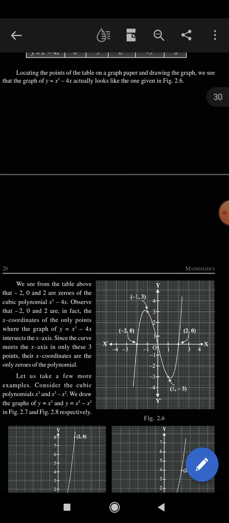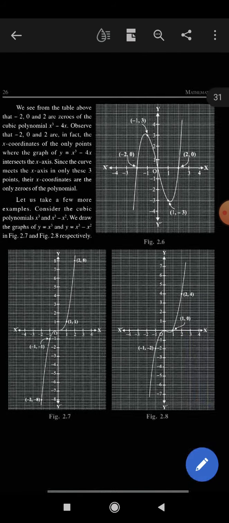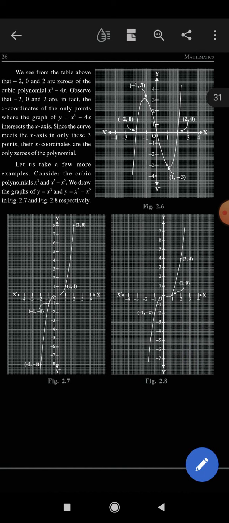Locating the points of the table on a graph paper and drawing the graph, the graph of y is equal to x cube minus 4x looks like the one given in Figure 2.6. We see from the table above that minus 2, 0 and 2 are zeros of the cubic polynomial x cube minus 4x.